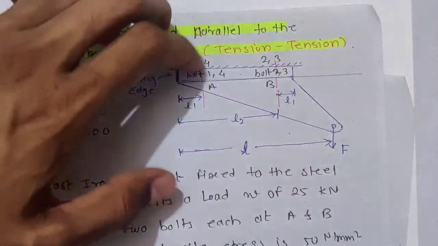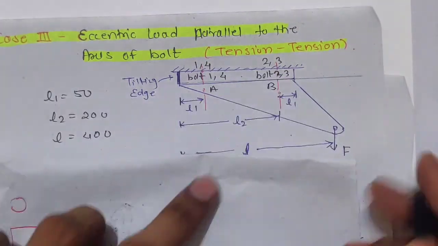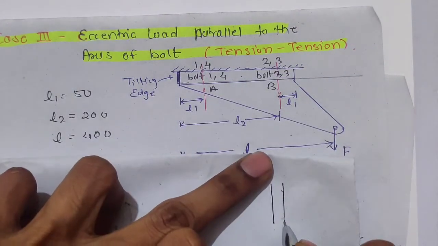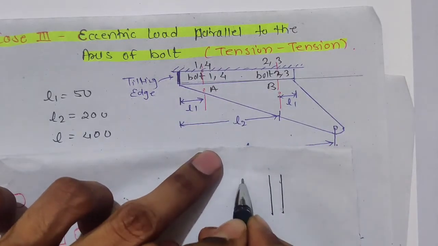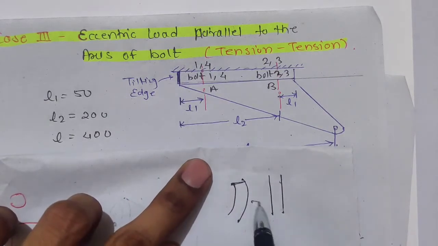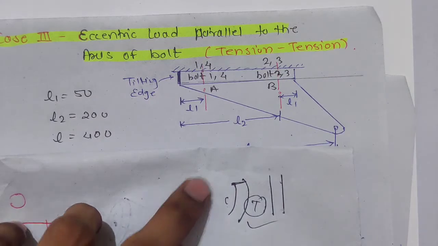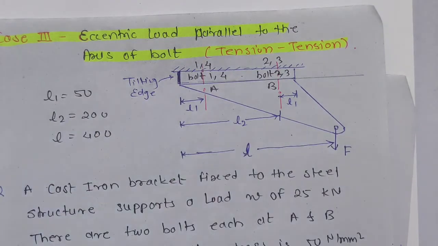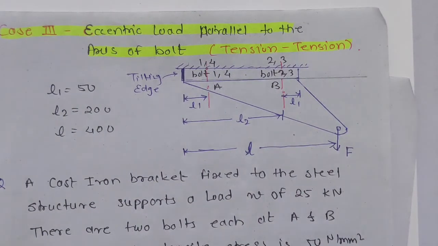After application of load this bolt will bend like this, so here is tension, here is compression. Again we'll keep tension as the design criterion. Alright, so now which is the tilting edge?